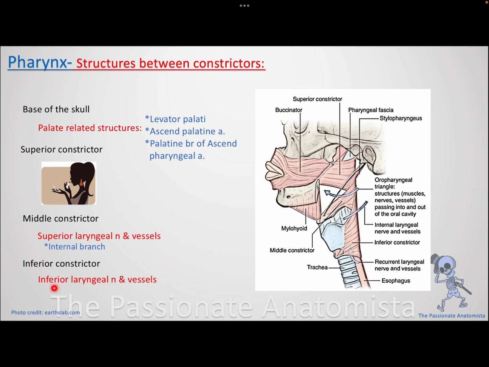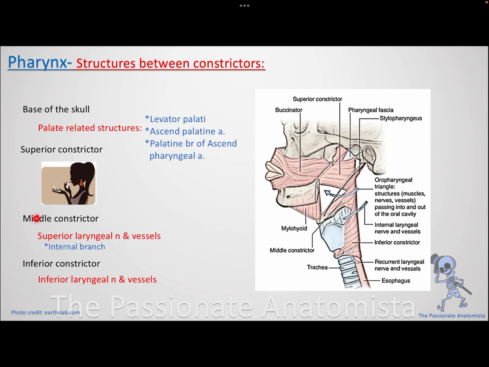If it's inferior, it's going to be the inferior laryngeal nerve and vessels. But remember, one branch passes above the inferior constrictor, which is the internal laryngeal branch. It's not the whole superior laryngeal. But this is how you will memorize it.